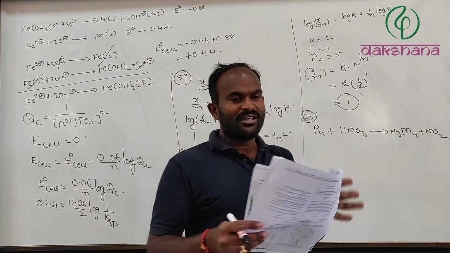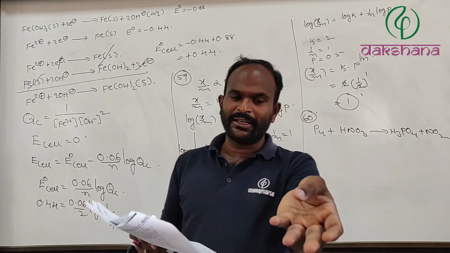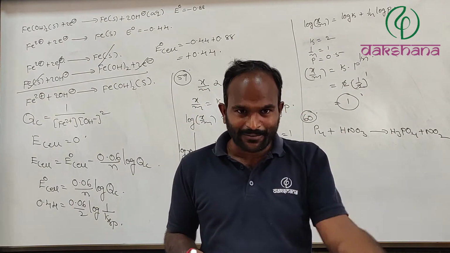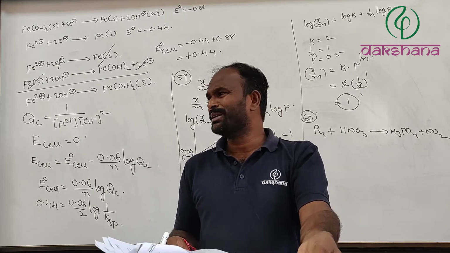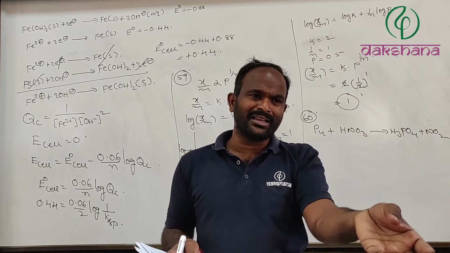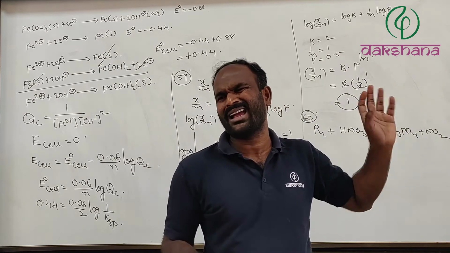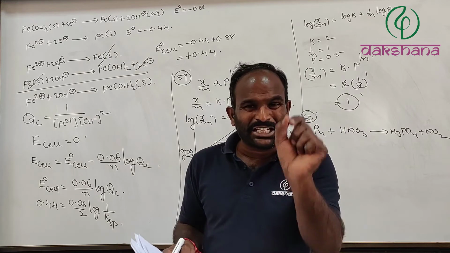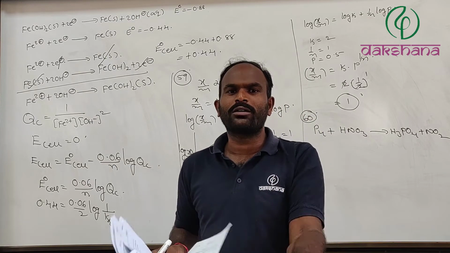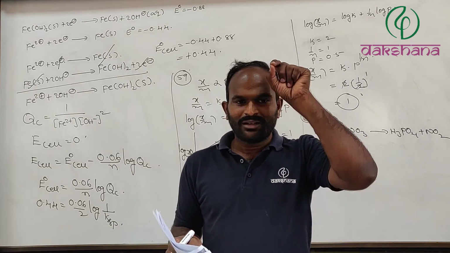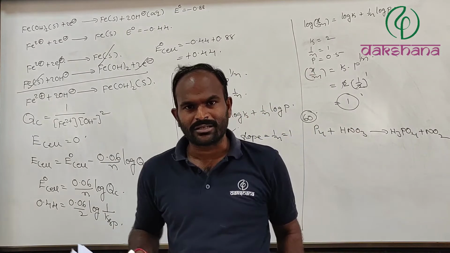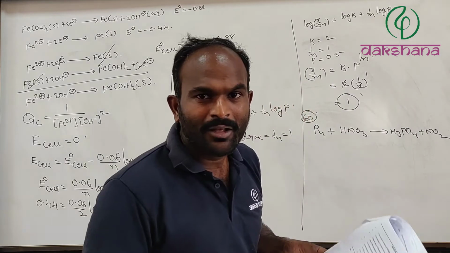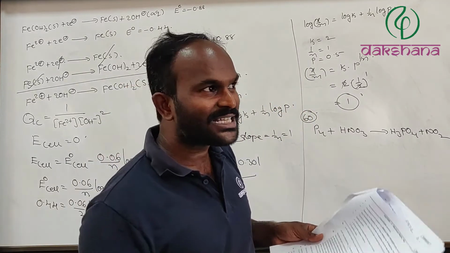Not only phosphorus: when concentrated HNO3 is treated with any non-metal like carbon, phosphorus, sulfur, or even any metal, except platinum, gold, they give nitrogen dioxide. You must remember this and not forget it. Concentrated HNO3 always gives nitrogen dioxide gas, which is reddish brown in color.